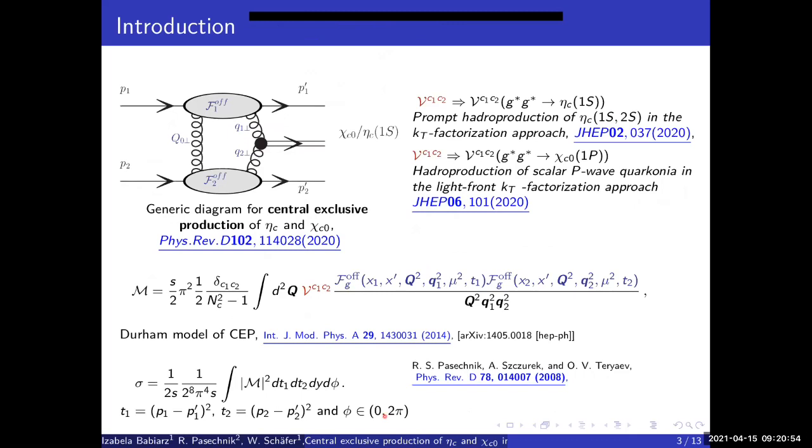It is characterized by intact protons in the final state, and we also observe the meson, in this case chi C0 or eta C. These kinds of processes were for the first time described by the Durham group with this kind of matrix elements, and this approach was done with the usual, very well-known NRQCD approach, also by Pasechnik, Szczurek, and Babiarz.